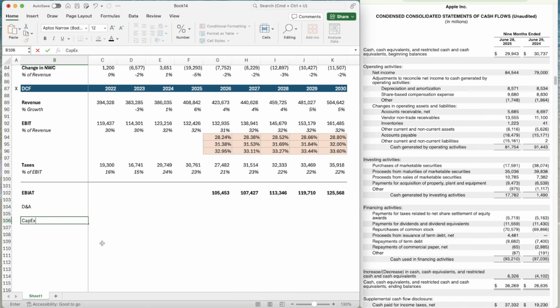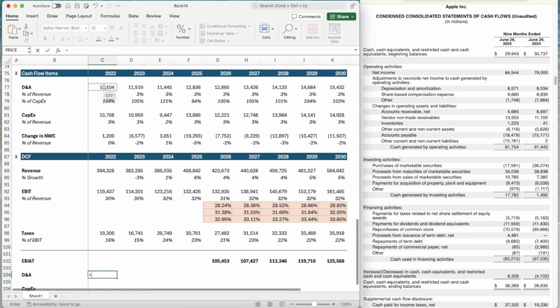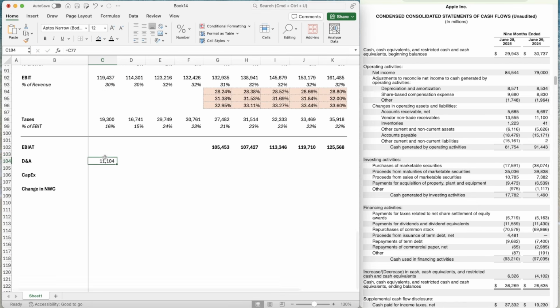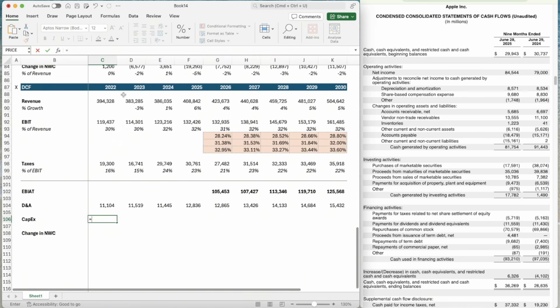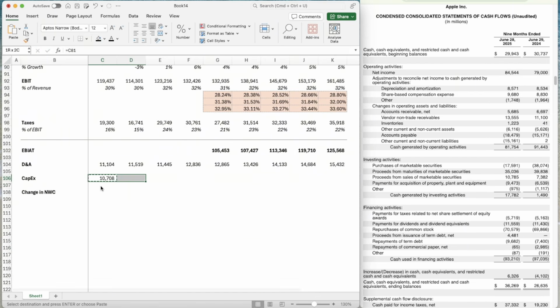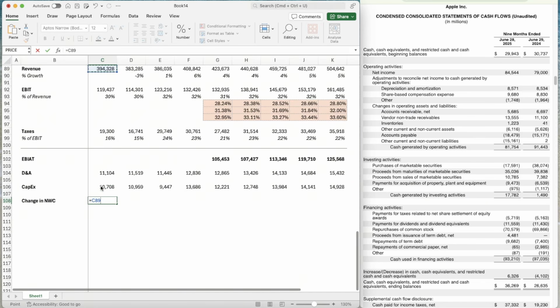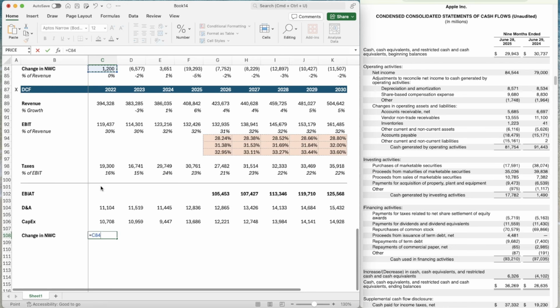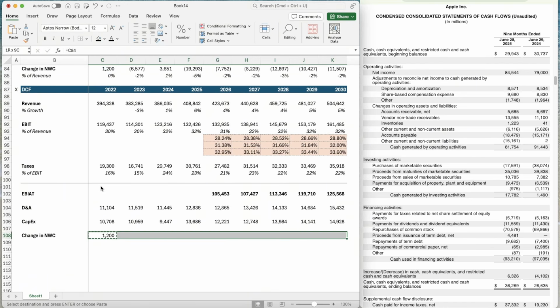Now we're going to calculate our free cash flow, our unlevered free cash flow. So pull in our, there we go. Pull it across.